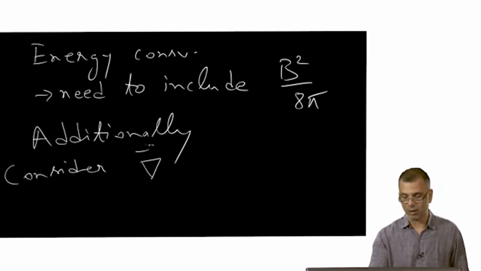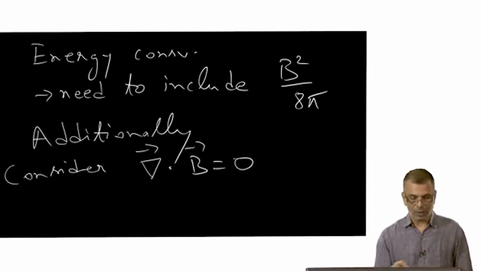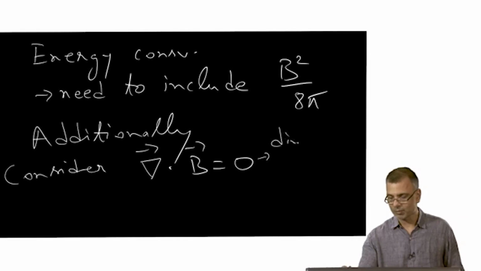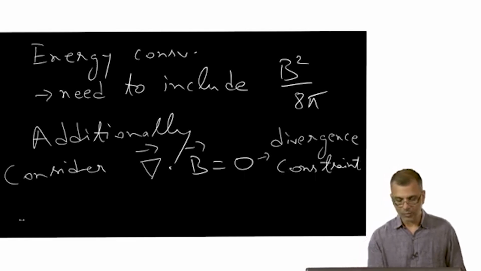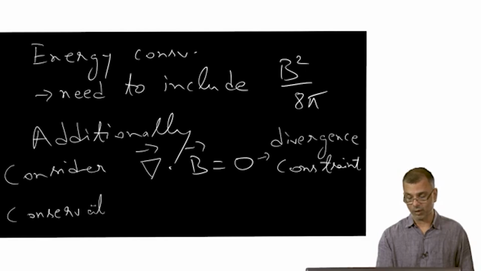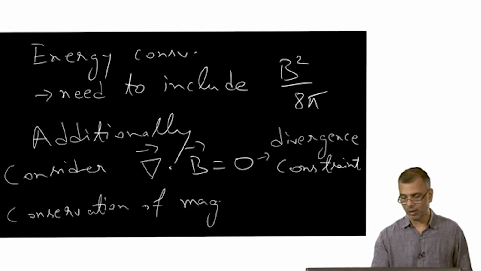You need to consider, right, and consider conservation. So this is a divergence constraint. And conservation of magnetic flux, which comes from the induction equation, of course.